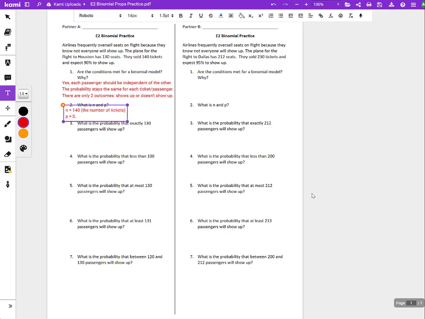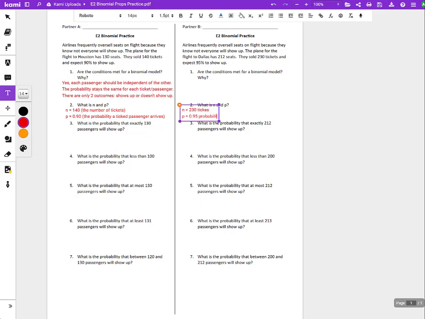It's 0.90, right? Because that's the probability a ticketed passenger arrives, right? Okay. And I can actually quickly set up this one. It's very similar. This one is 230 tickets, and P is 0.95.